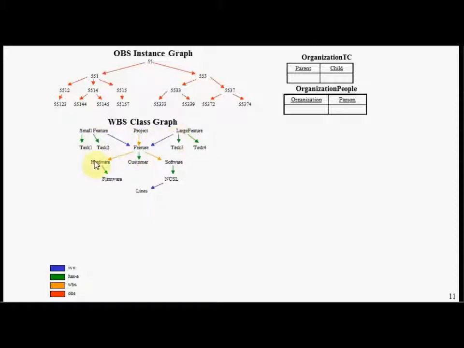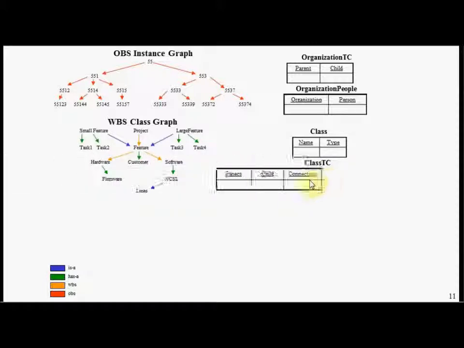Small feature and large feature each have their own properties. We see a feature also is broken down into hardware and software units. Those have properties of firmware and NCSL respectively. NCSL stands for non-commented source lines. And we see NCSL is a special name for a more general term called lines.